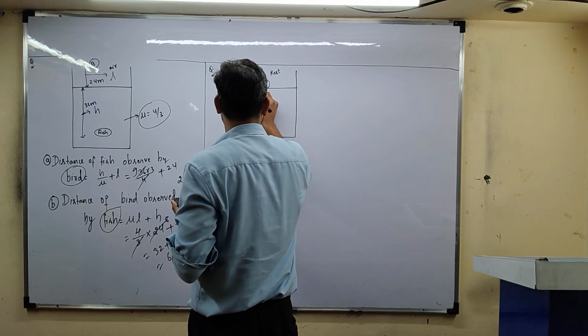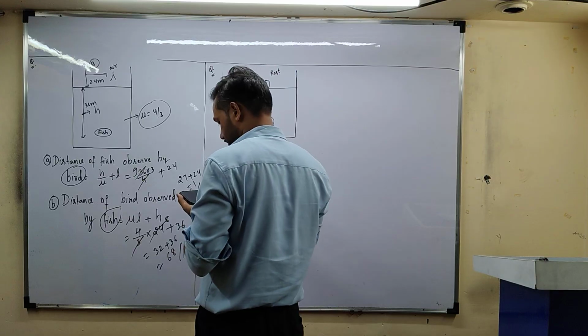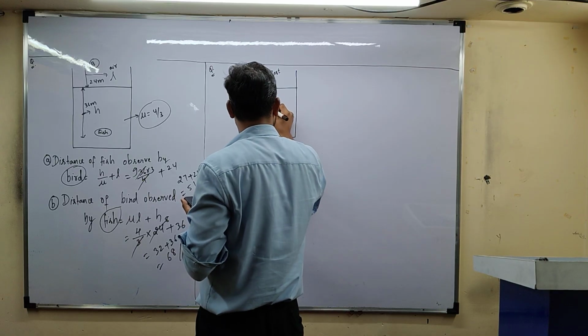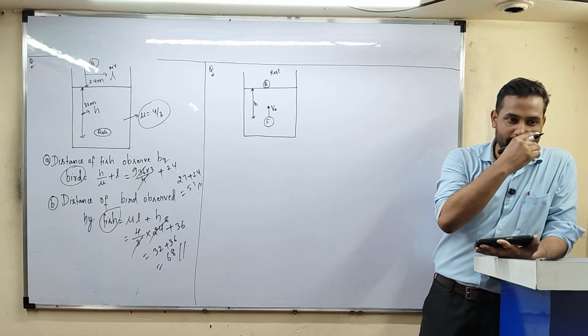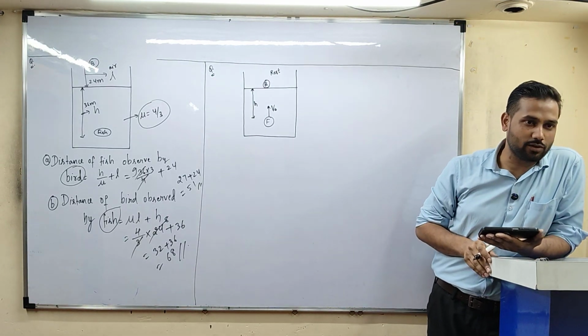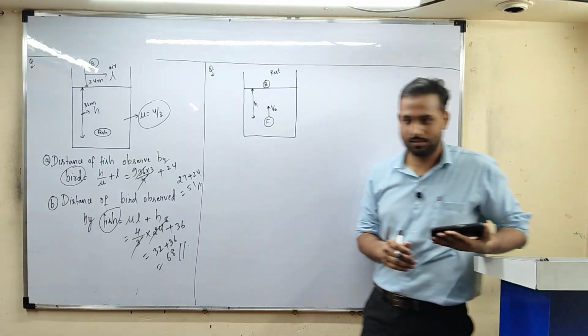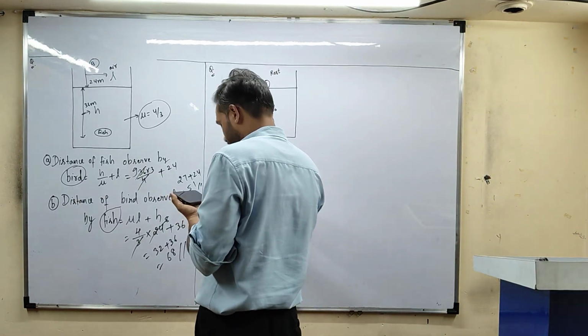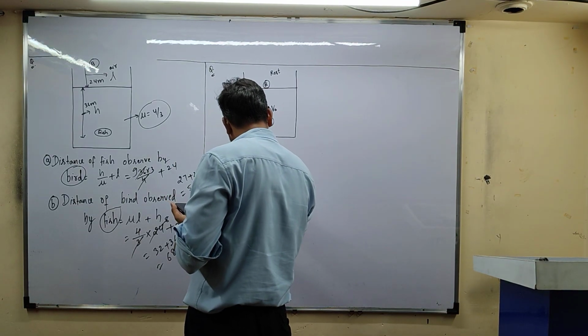Here you have the height h and the fish has a particular velocity v naught. In this particular situation, fish has some velocity v naught. Okay, then what will happen? We will get a beautiful formula.